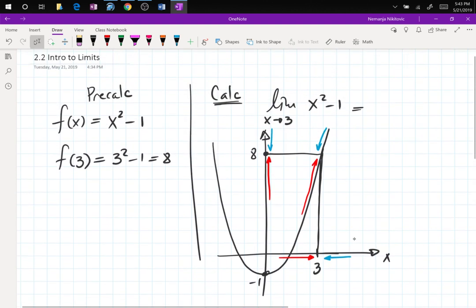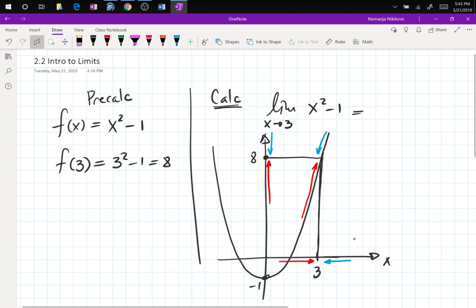So, believe it or not, that's it. Now we're going to take a look at situations where limits don't exist. We're going to define red and blue arrow and all of that stuff. But I just want to tell you that there is nothing else in terms of trying to figure out a concept.